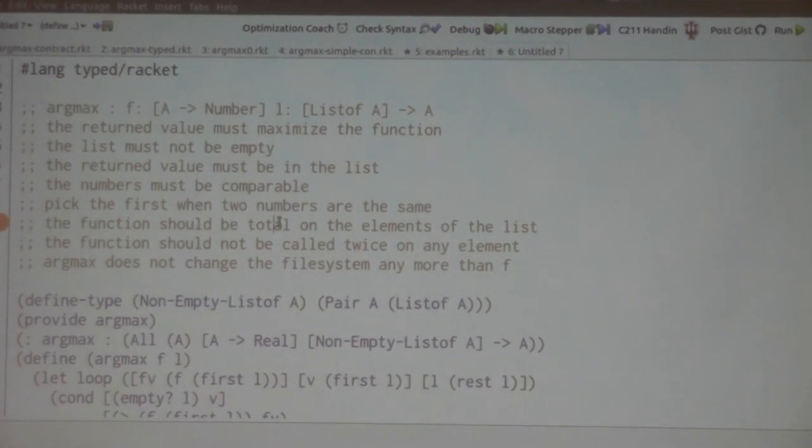Yeah? I was wondering, in typed Racket, is it possible to dynamically check the type in the function and do something different based on that? Yes, it is. Seems like we wouldn't be satisfying the return values in the list, because we say if it's an integer, always return a million.